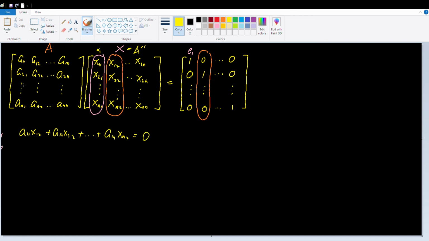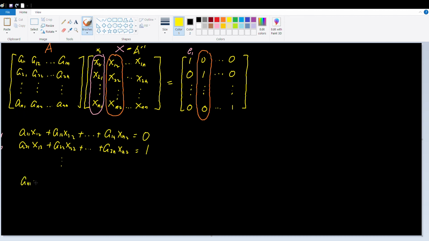Then second row of A, A21 X12 plus A22 X22 plus and so on and so forth plus A2n Xn2 equal to 1. We do that again for all the rows of A until we reach the last row.